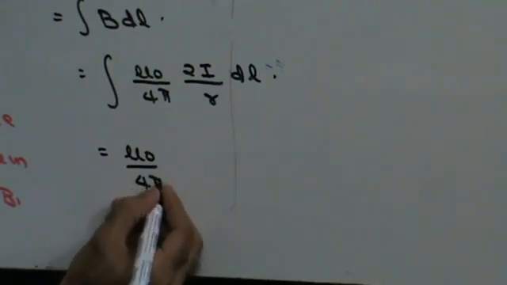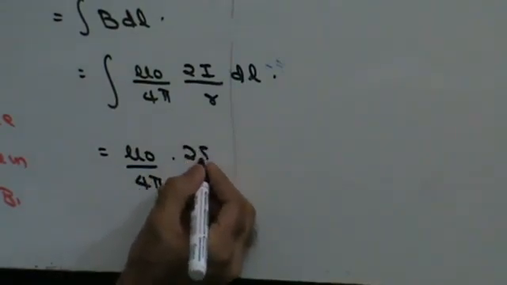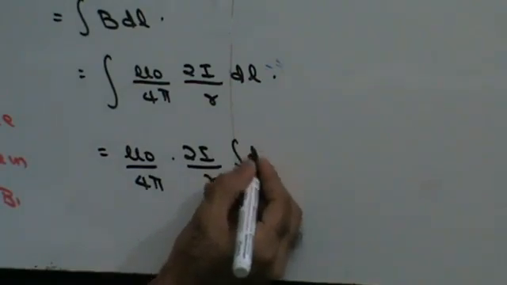Everything that is constant will come outside the integral sign. So you get mu 0 upon 4 pi times 2I upon R times the integral of dl. For a closed path, the integral of dl is the circumference, which is 2 pi r.